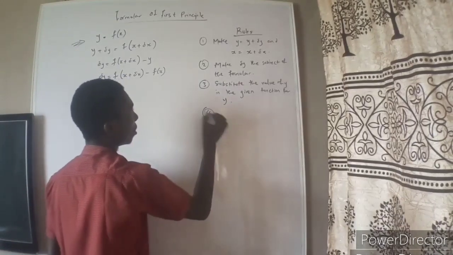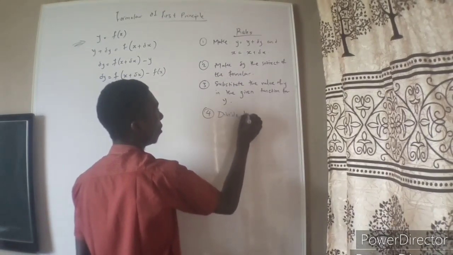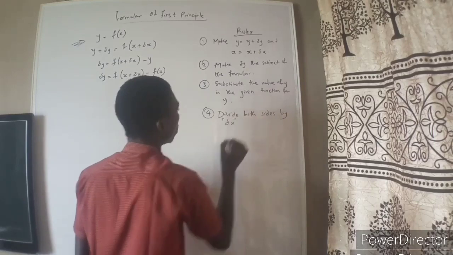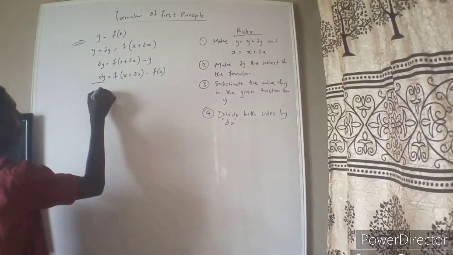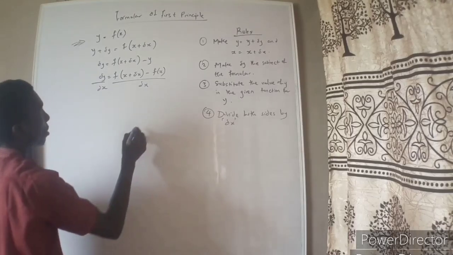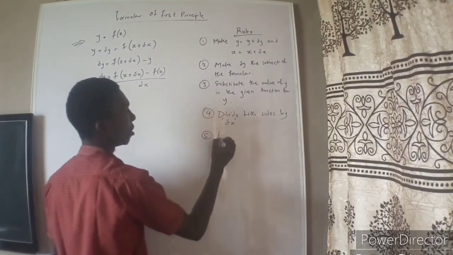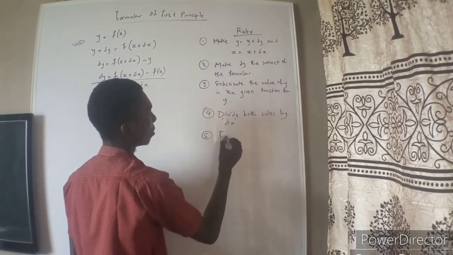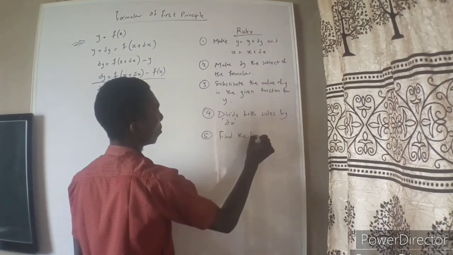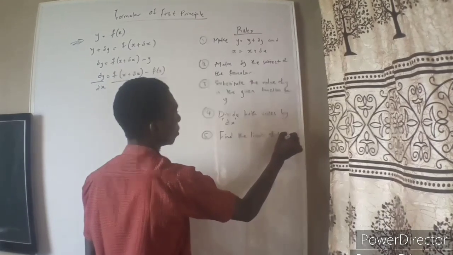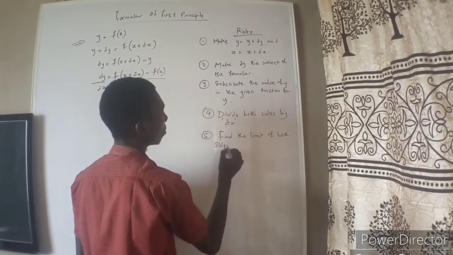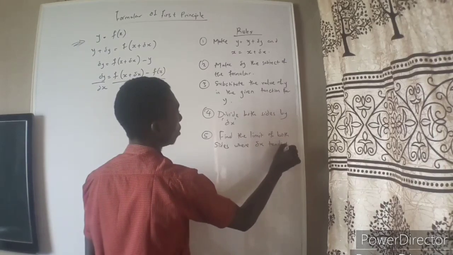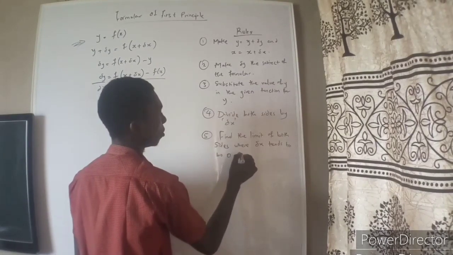Now the fourth rule says divide both sides by delta x. So definitely I'll be having delta x here, delta x. The last rule, which is the final rule, says find the limit of both sides when delta x tends to 0.